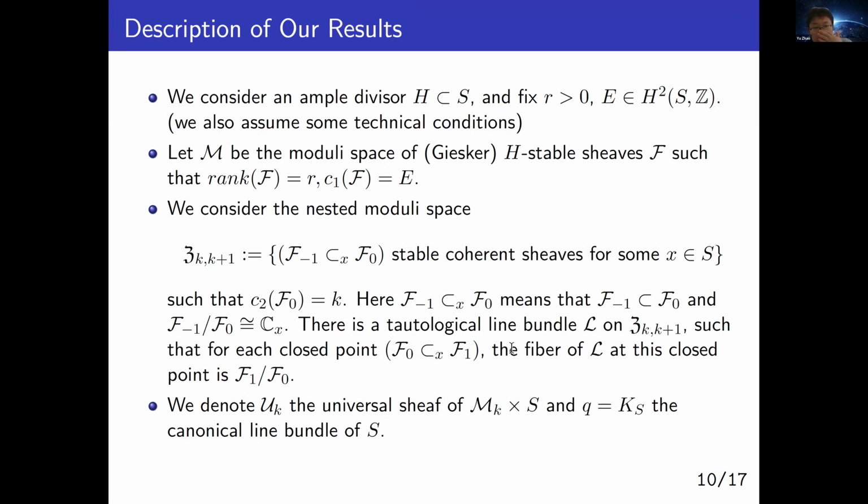Now we have fixed this, and I want to say that M is a disjoint union of some M_k. What M_k is: we also fix the second Chern class to be k. So M_k is just the moduli space such that the rank is r, the first Chern class is e, and the second Chern class is k.